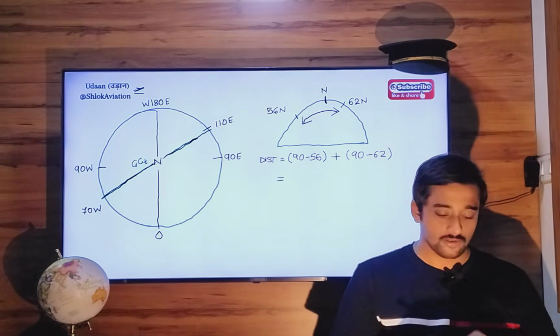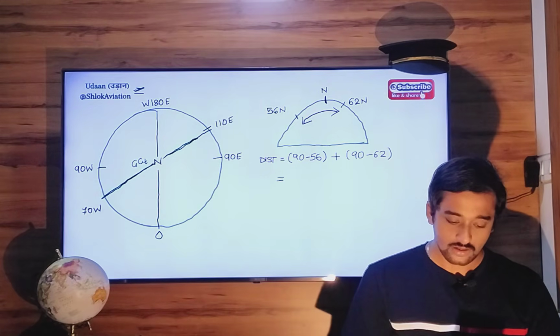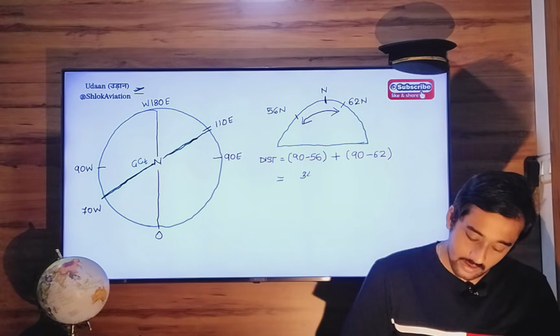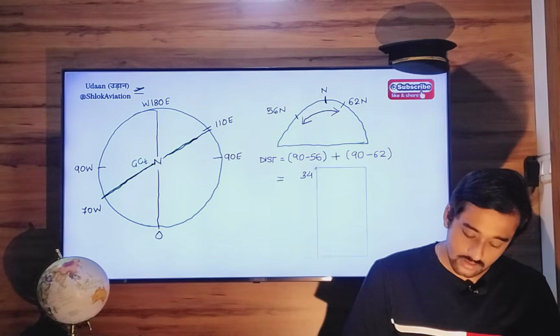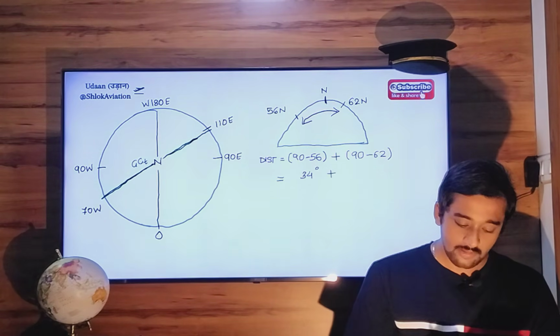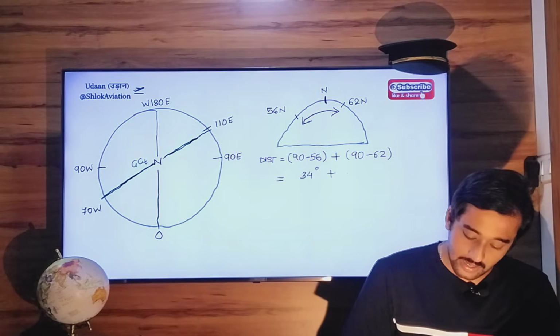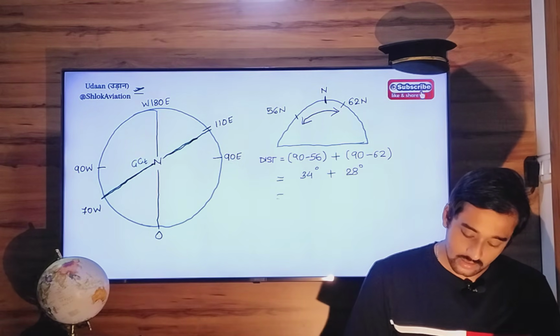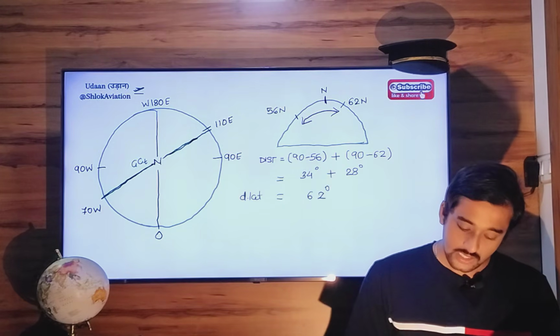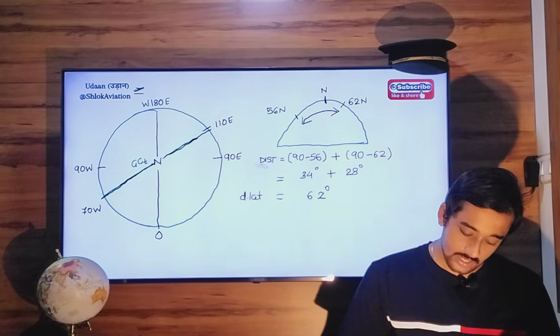So 90 minus 56 is 34 degree plus 90 minus 62 is 28 degree. So d lat is equal to 62 degrees.